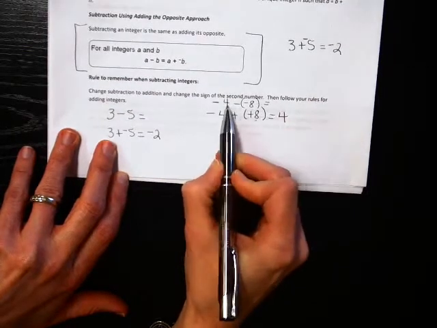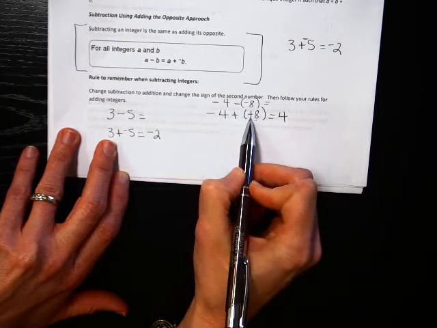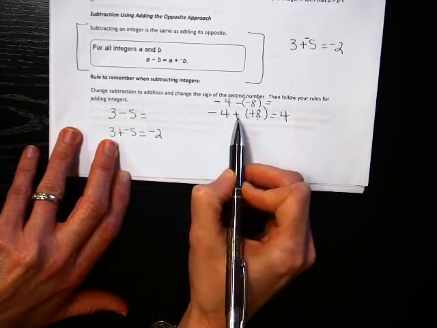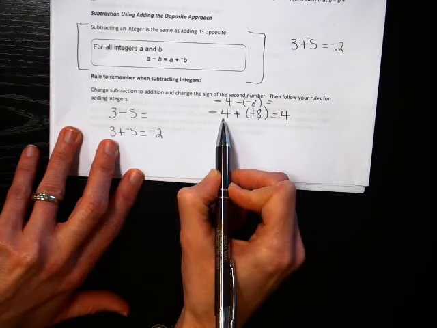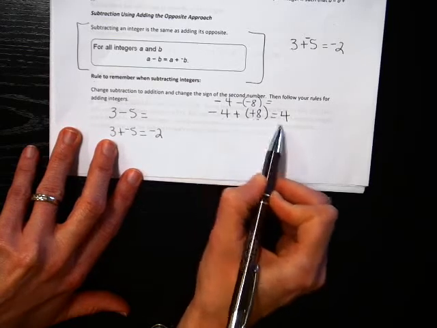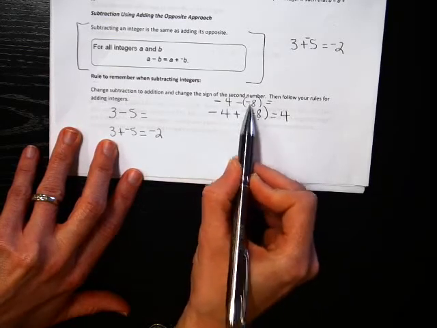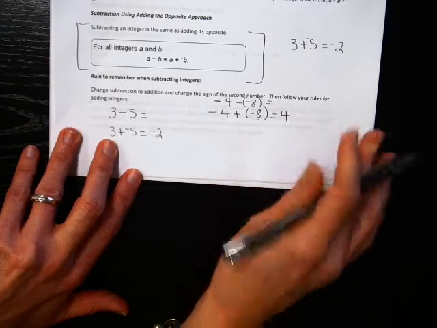If I change my subtraction to addition and the sign of my second number, that's negative 4 plus positive 8. Here I follow my rules for addition. Signs are different, so I subtract and keep the sign of the higher number, which gives me positive 4.